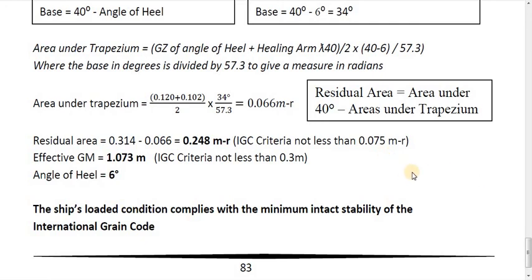So that completes our grain calculation, loading grain to determine if it passed the IMO criteria for the grain code calculation. You will have a recitation and assignment combined, for a total of 40 points, or 20 points each.